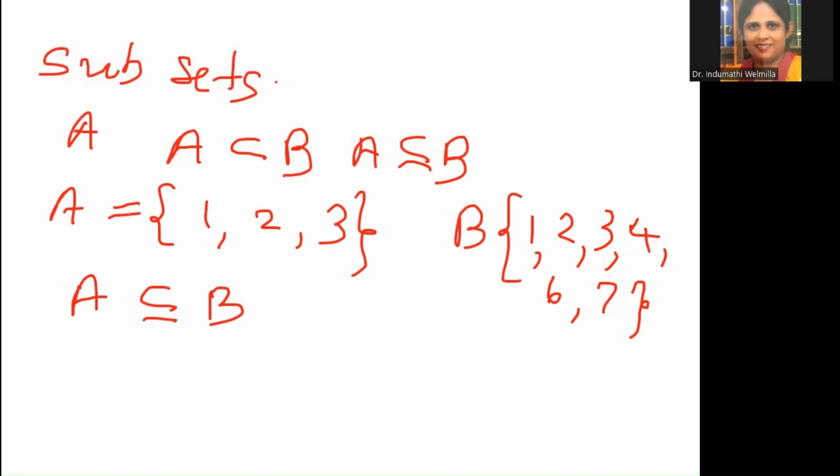And if a set is not a subset of another set, we denote it this way: if A is not a subset of B, it is denoted as A not a subset of B.